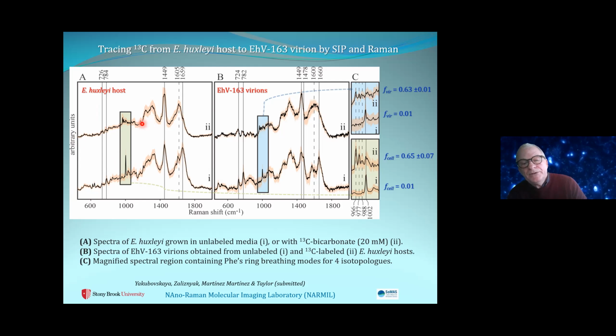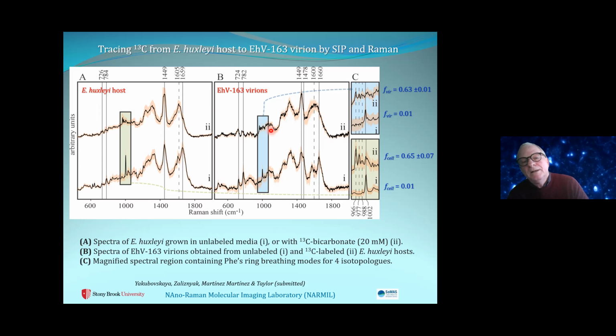Viruses that were produced from these cultures after we infected them, we then took spectra of the viruses that were produced. Here is the viral spectrum from the isotopically light or natural abundance virus. Here is a Raman spectrum from viruses that came from isotopically heavy hosts.